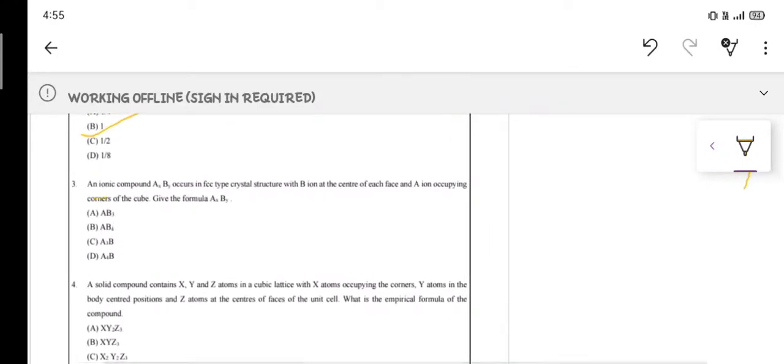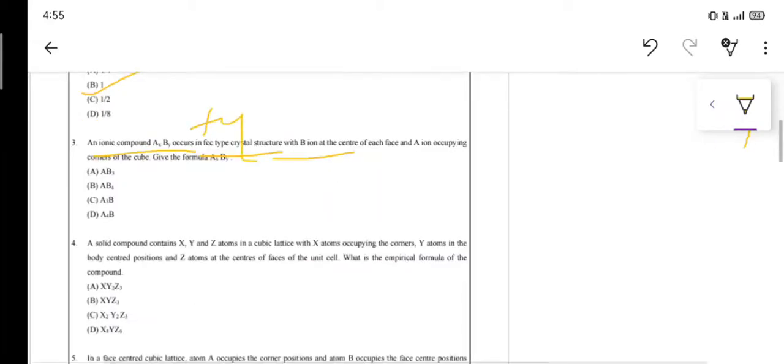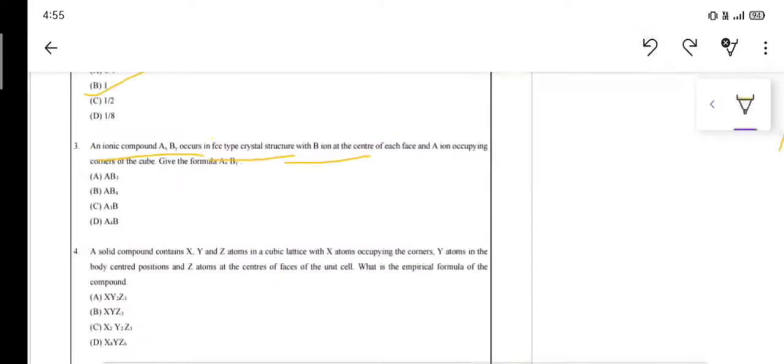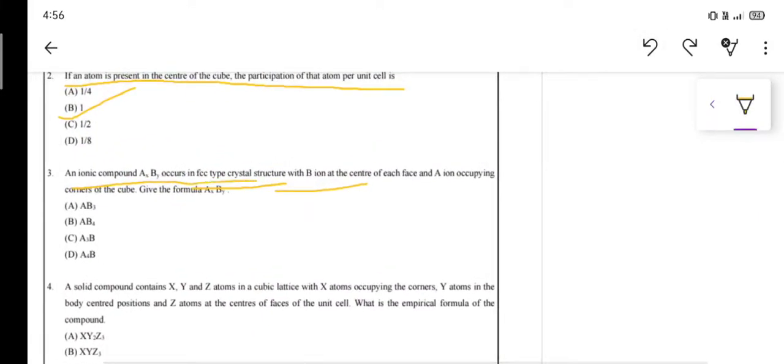An ionic compound AxBy occurs in face centered type crystals, FCC, with B ion at the center of each face and A ion occupying the corners of the cube. Now the formula: it is very easy.